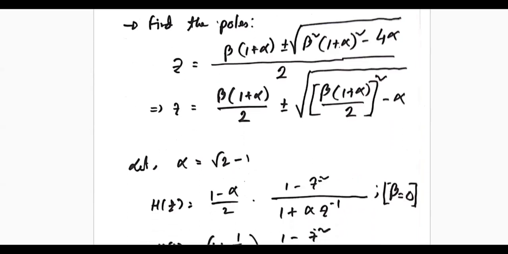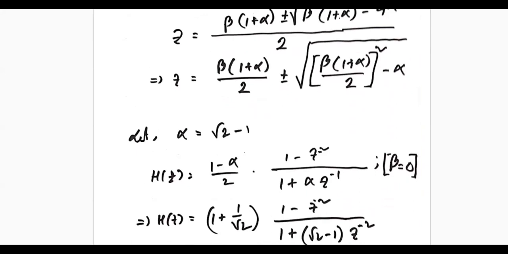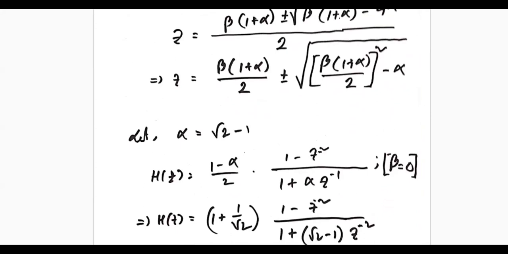The interesting part is that beta is now 0, so it makes your life very easy. So putting beta equal to 0 and letting alpha equal root 2 minus 1. What are the values of alpha? One is root 2 minus 1, and another one is root 2 plus 1.